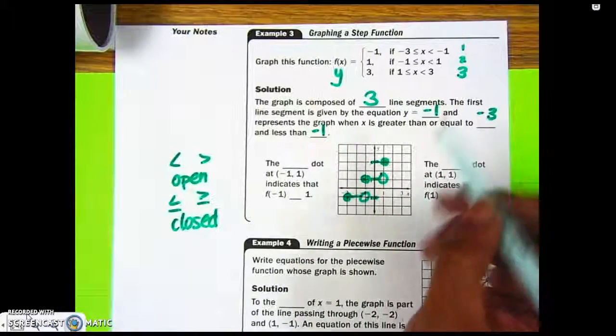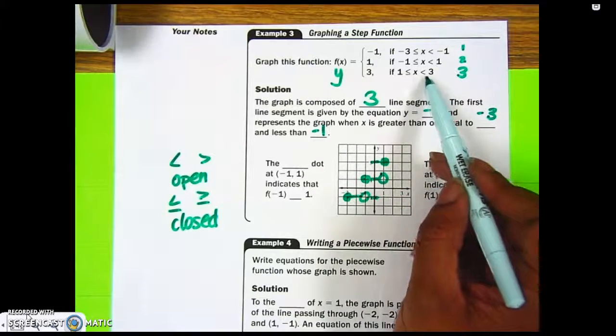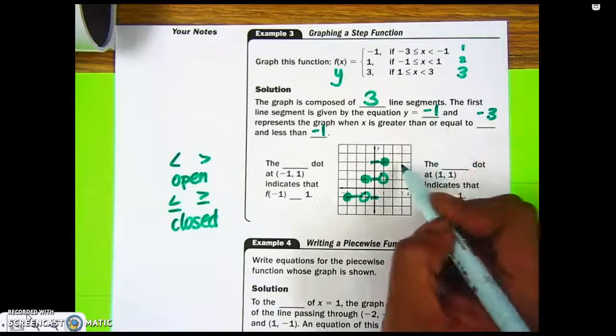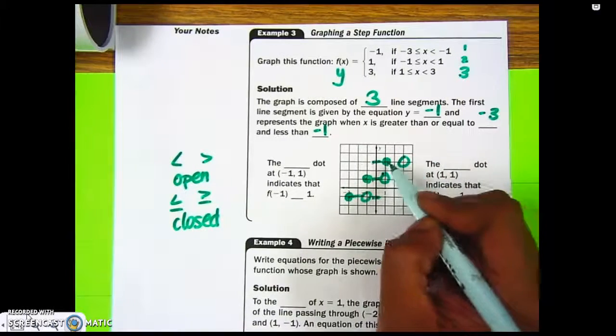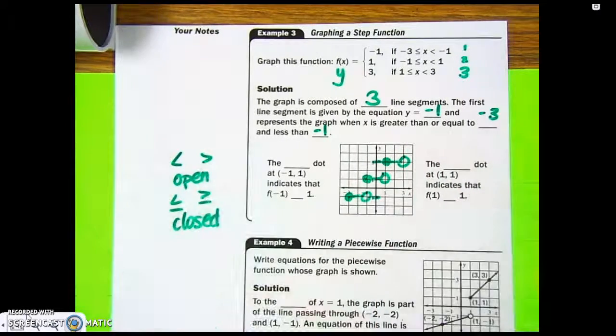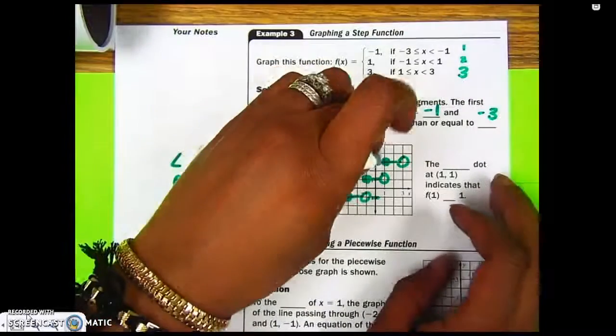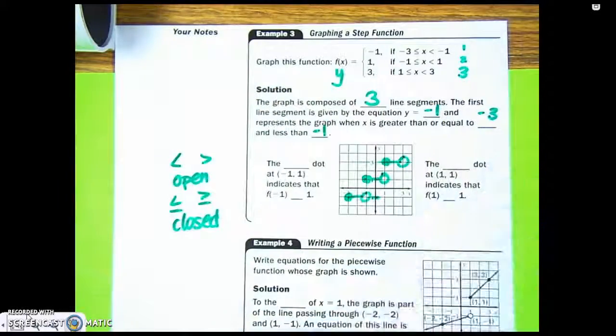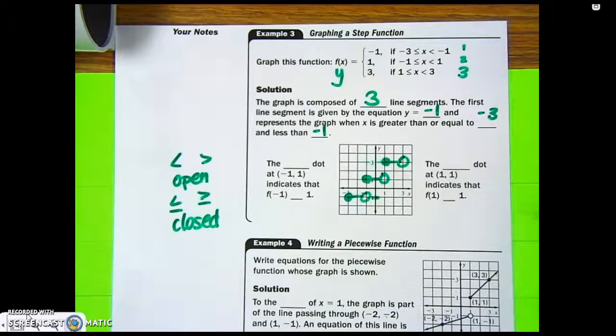And then I'm going to go over to where 3 is on the x-axis, and since x is less than 3, I'm going to have an open dot, and then I connect those two together. I'm just going to erase this little part here so we won't think that that's part of the function. All right, so that's what our step function looks like.